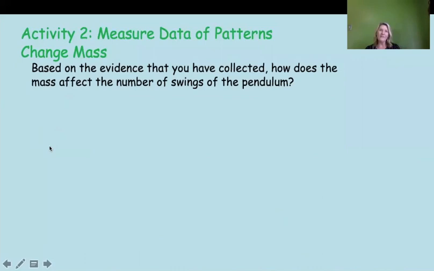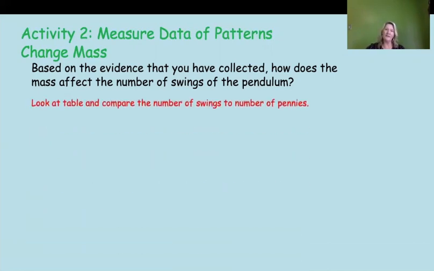So based on the evidence that we've collected, how does the mass affect the number of swings of the pendulum? So we can look at 1 penny, 2 pennies, and 3 pennies. And we can look to see, is there some sort of pattern? Look at the table and compare the number of swings to the number of pennies.